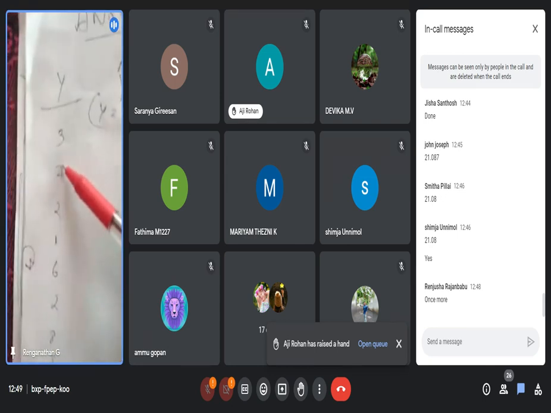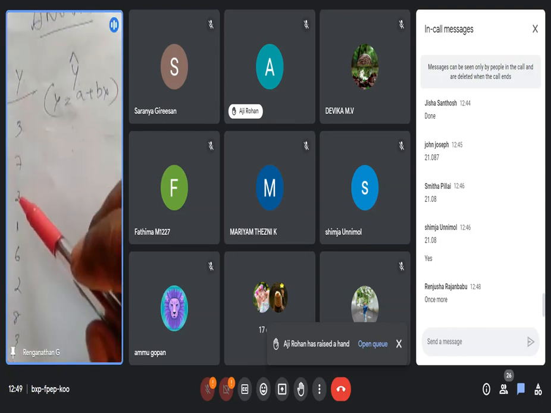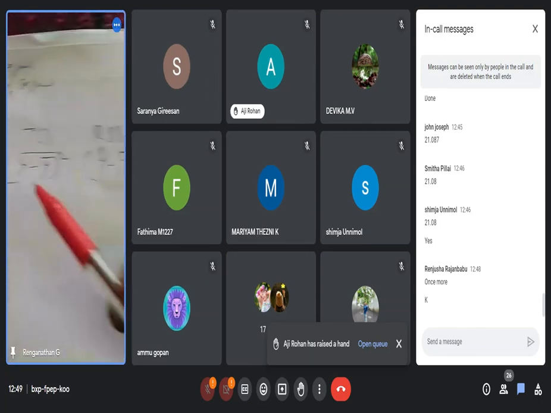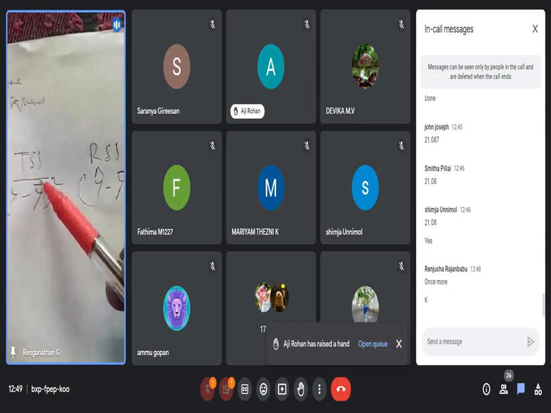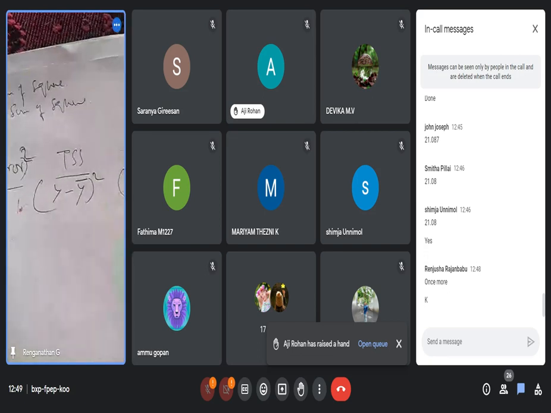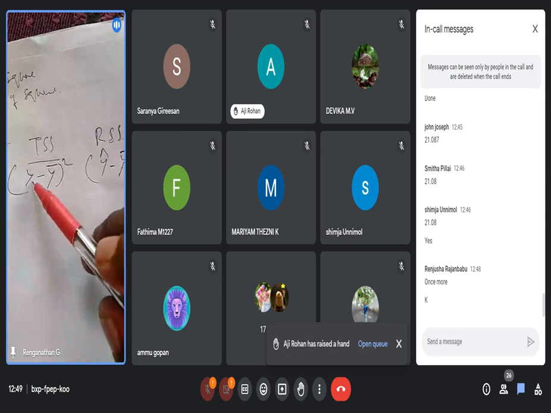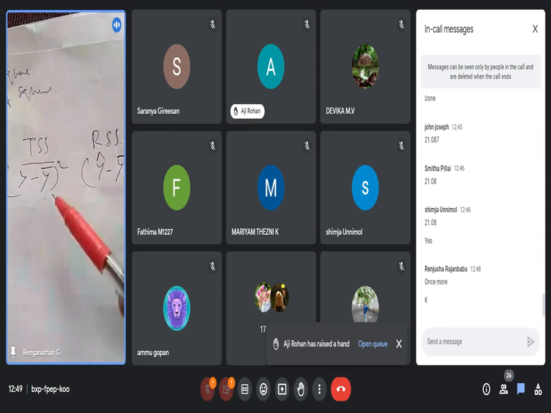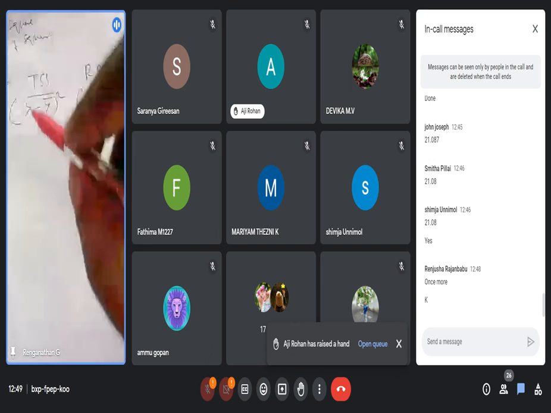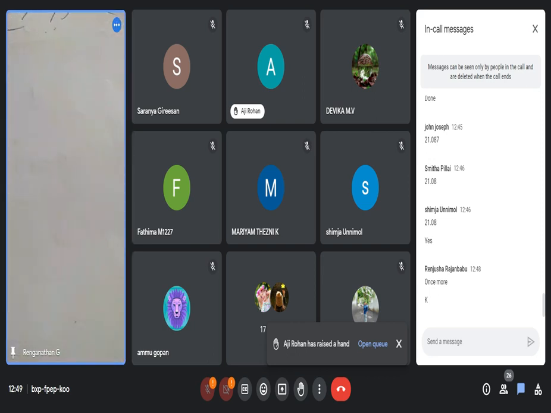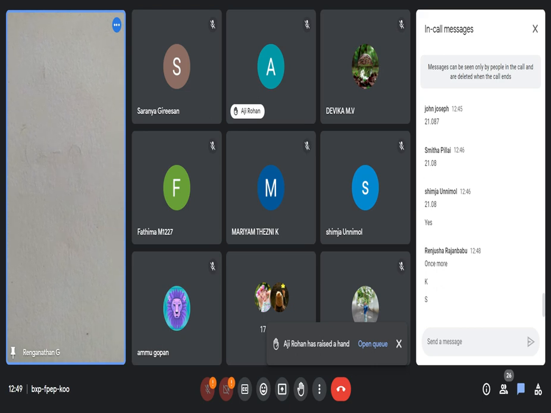Then again 7 minus 4.3. 2 minus 4.3. In this way, find these values and square the values also. 3 minus 4.3, that means minus 1.3. It should be squared. That is y minus y mean, then the whole square. That should be squared. Okay. After doing this, it should be totaled. Is it clear now? Okay, Ranjit.